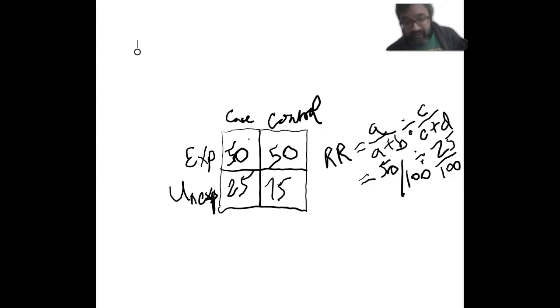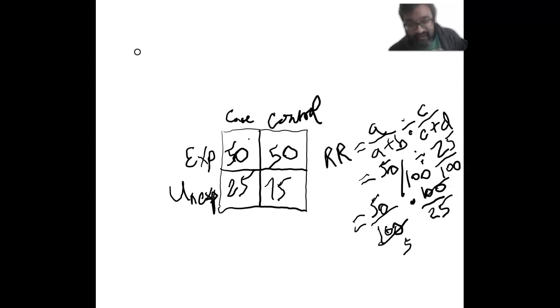So let me write this out in a way that you can immediately tell without using a calculator. That's why I made the numbers this way. 50 divided by 100 times, because this is divided by, you multiply by the reciprocal. So 100 over 25. So let's cross out all the common numbers in the numerator and denominator.